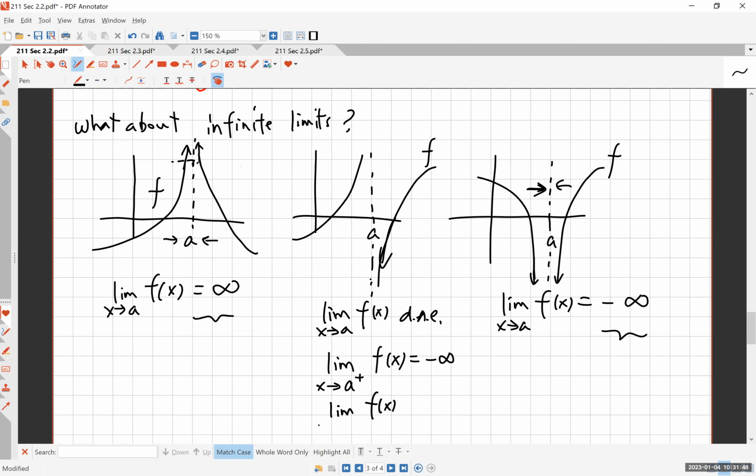As x approaches a from the negative side, over here, it is positive infinity. If it's positive infinity, you can put the positive sign here, or you can just not have anything, and that means the same thing. These are referred to as infinite limits.